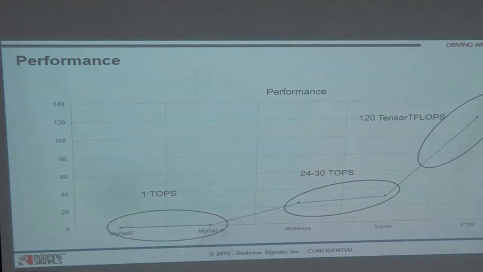NVIDIA actually introduced something called TensorFlop, which is a 4x4 multiplication that works best with CNNs. Nobody knows how that will work for 3x3 multiplication or 5x5. What happens when you go 5x5? You're losing because you're essentially not utilizing the hardware. So there are a lot of considerations in how you might want to measure the performance. But this is the general sense.